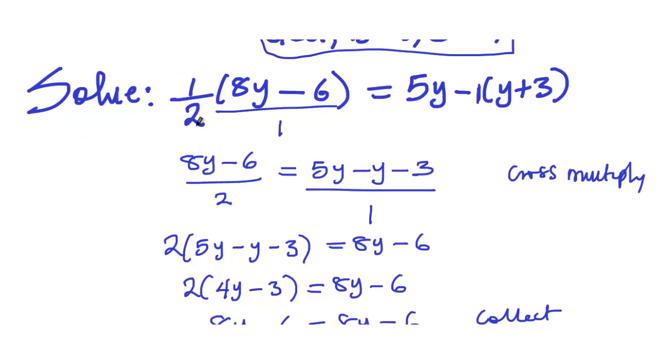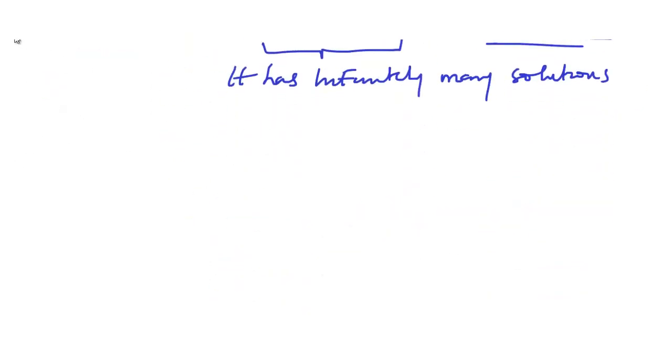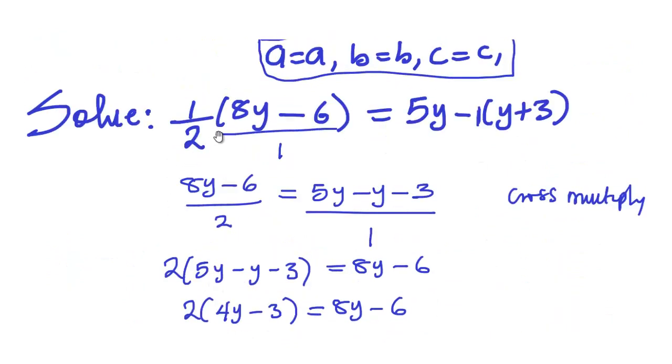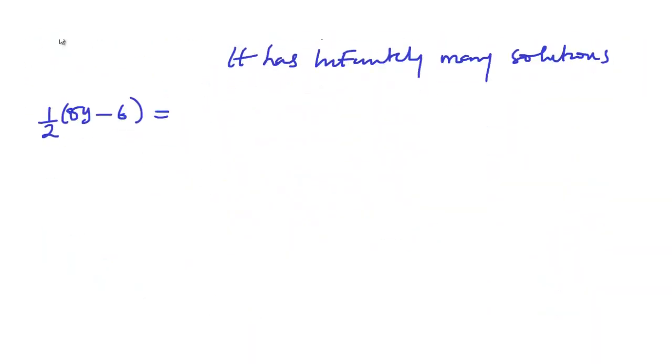So we have 1 over 2 into bracket 8y minus 6 equal to 5y minus y plus 3. When y is equal to 2, we want to confirm if the left-hand side is equal to the right-hand side.